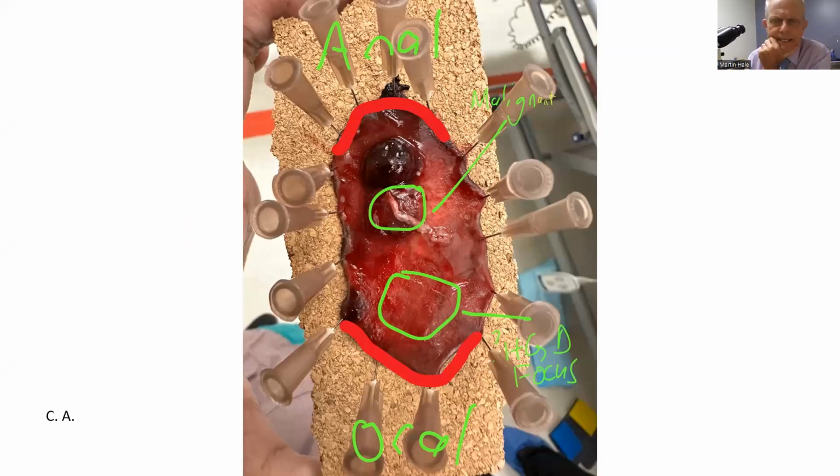What is delineated very nicely is the area that he thinks is malignant. He's taken a photograph, sent this through, and annotated it as anal and oral, and he's concerned about this focus here, and he thinks this is tumor. Now, I've delineated this as red there.